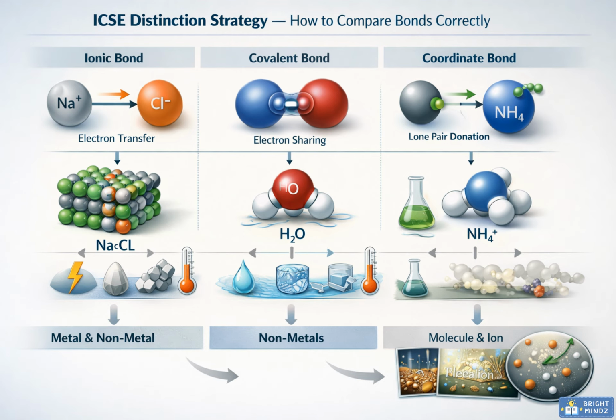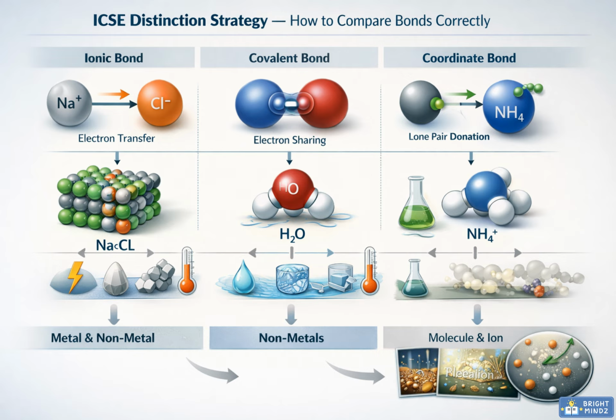For comparison answers, use a consistent formula: definition, electron behavior, elements involved, example, and property reason. Ionic means electron transfer, usually from a metal to a nonmetal, forming ions, as in sodium chloride. Covalent means electron sharing between nonmetals, forming molecules, as in water.